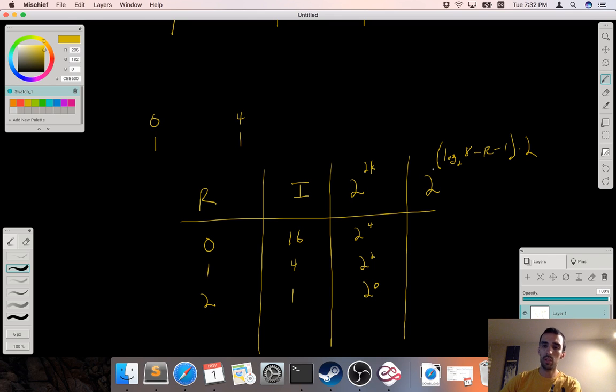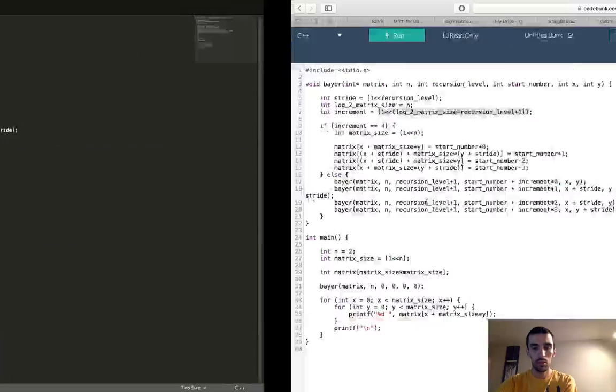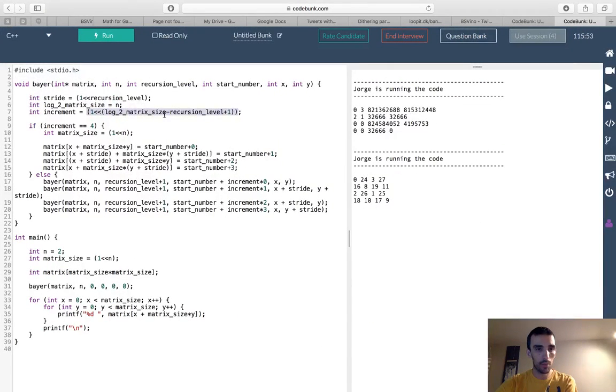So I think this will get us what we want. So this will be 2 to the 3 minus 0 minus 1. 3 minus 0 minus 1 is 2, so 2 to the 4. That's 16. Yep, this is it. We got it. Here we go. So we need to move this back to minus 1.